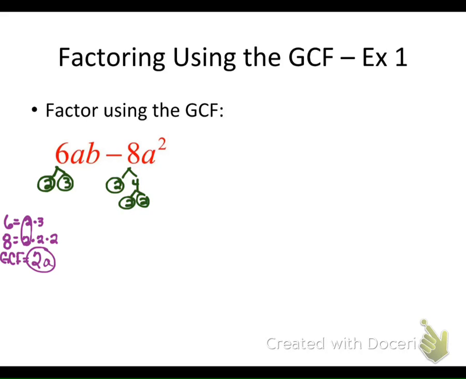The next thing I'm going to have to do then is draw my area model. How many rectangles am I going to draw for my area model? 2. Because I have 2 terms, that means my area model is going to have 2 boxes. Is that big enough?